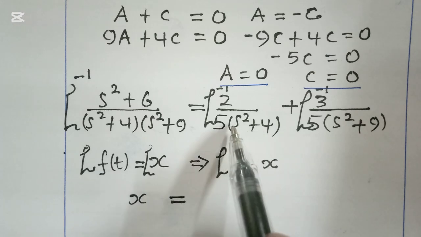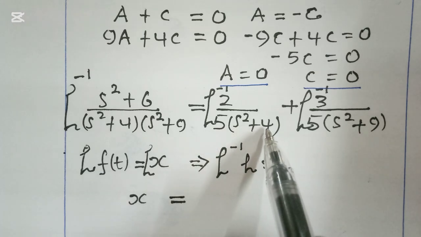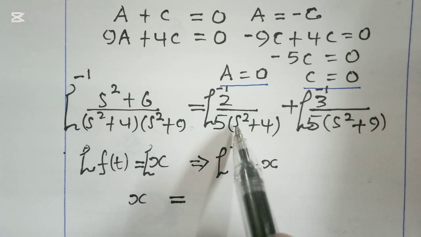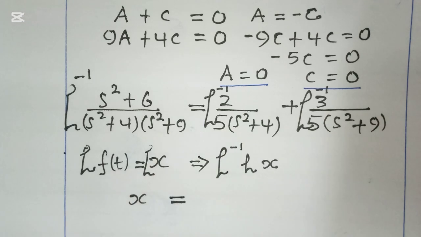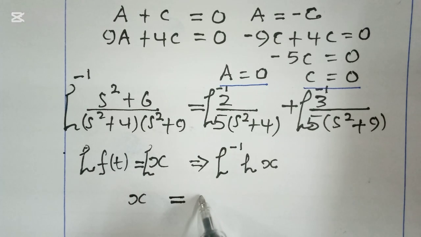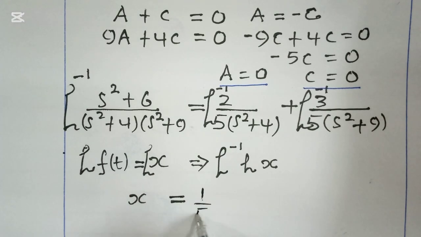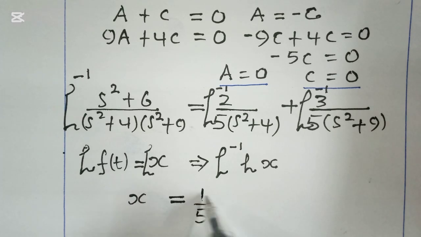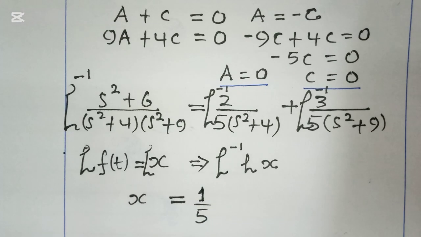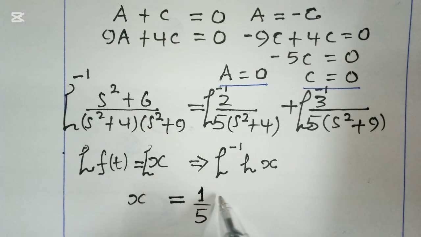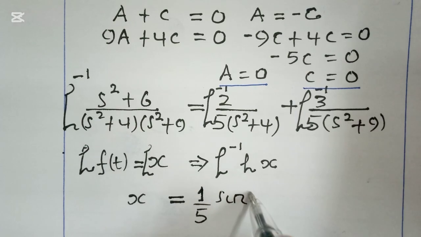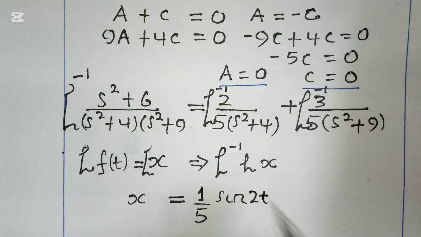When we check this function, you can see here we have 4, here we have a squared. And this function gives us now 1 over 5, not e but cos, this is going to be sine, I beg your pardon, it's supposed to be sine 2t, like that.